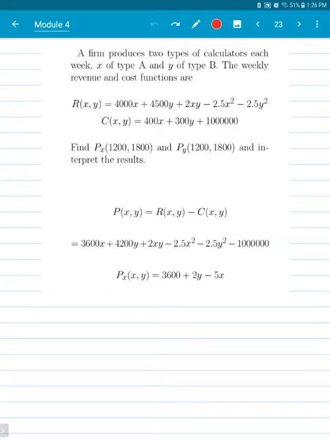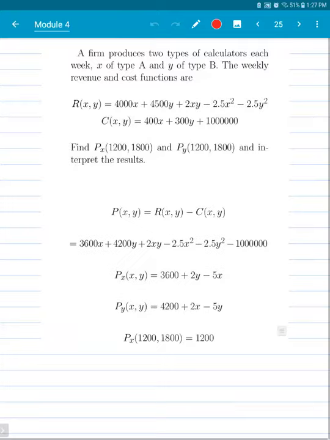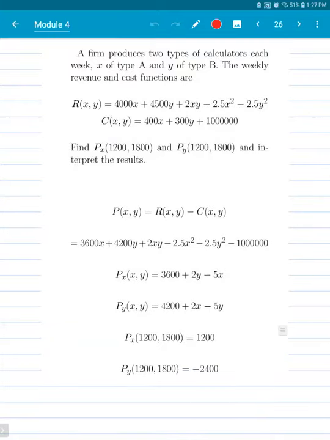And then the other one, partial with respect to y. Similarly, we get 4,200 plus 2x minus 5y. Okay? Now, let's evaluate at the given values of x and y. We have the partial with respect to x equal to 1,200.